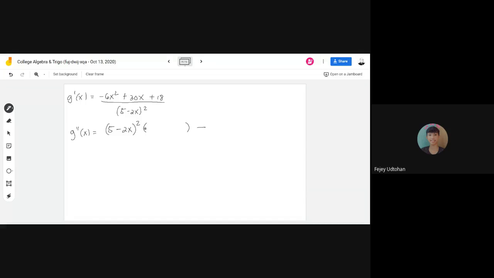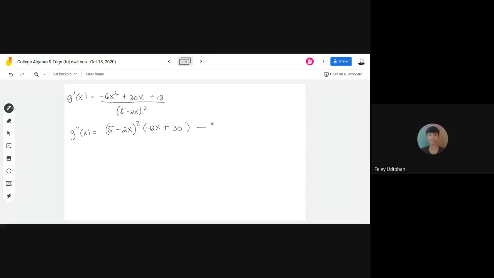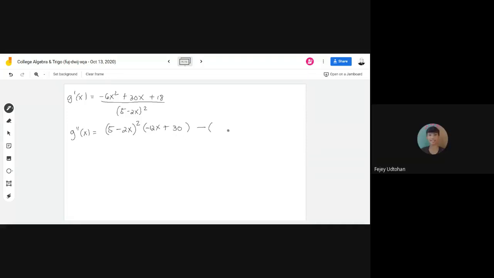Then parenthesis, 12x plus 30. 12x plus 30 again.